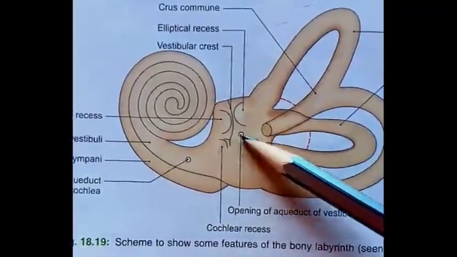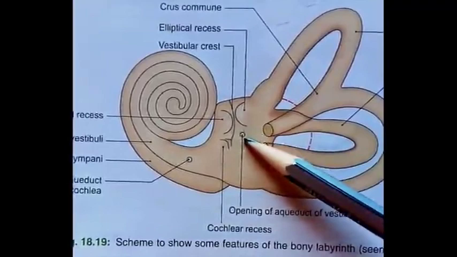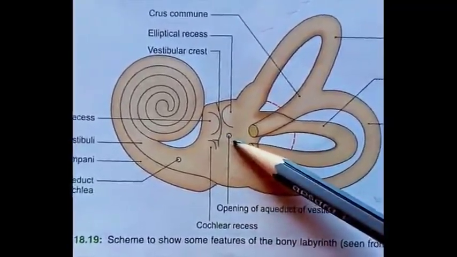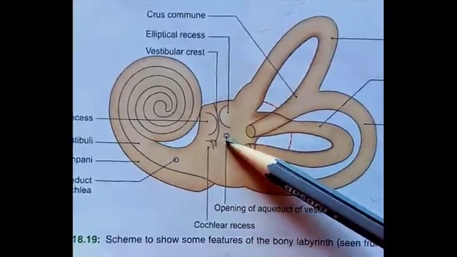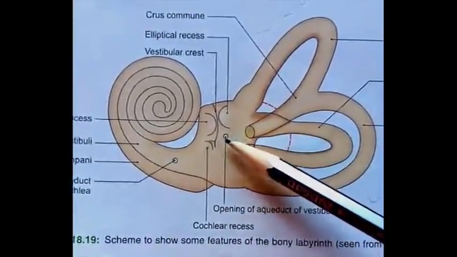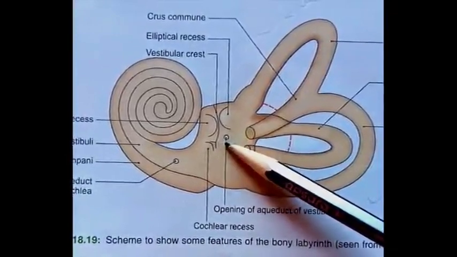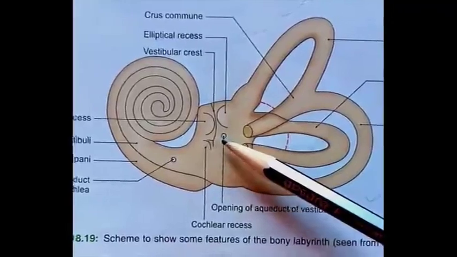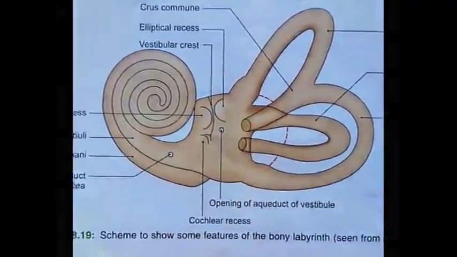During lifetime, this opening remains plugged by ductus endolymphaticus and a vein, and as it remains plugged during lifetime, no perilymph escapes from this opening.